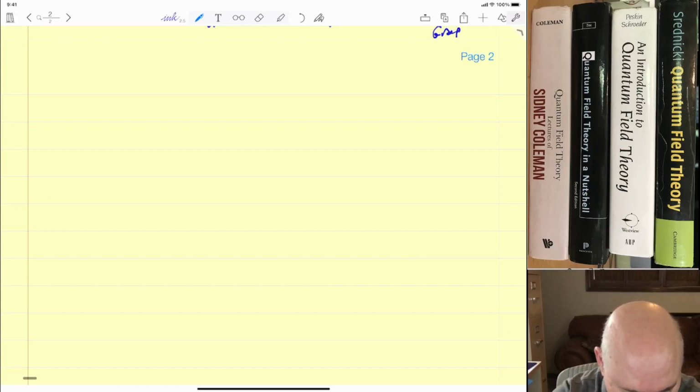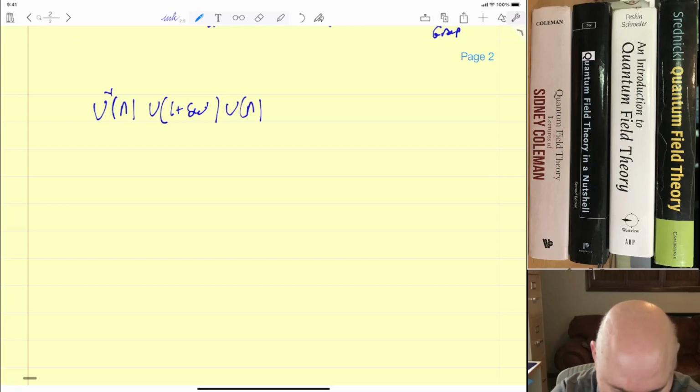So we have u of lambda inverse, and I have u, I'll do the lambda prime first, 1 plus del omega prime u of lambda.